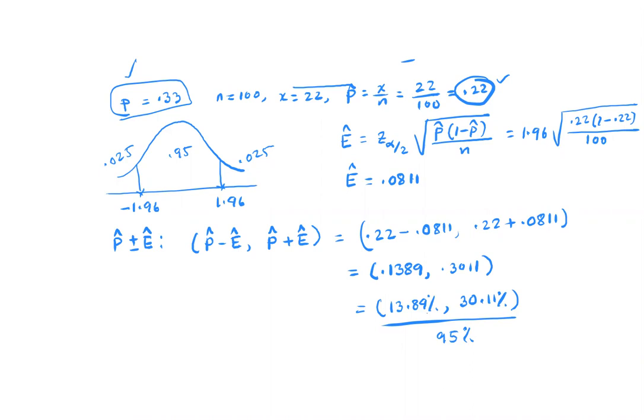However, the problem says 1/3, right? P is 1/3 or 0.33. Pew Research found that it is 1/3. Now, does 0.33 fall in this interval? The answer is no, because the interval goes up to 0.30, not 0.33. So it does not fall in the confidence interval.